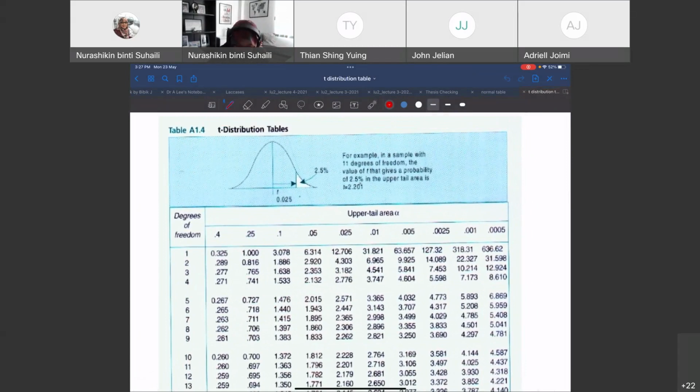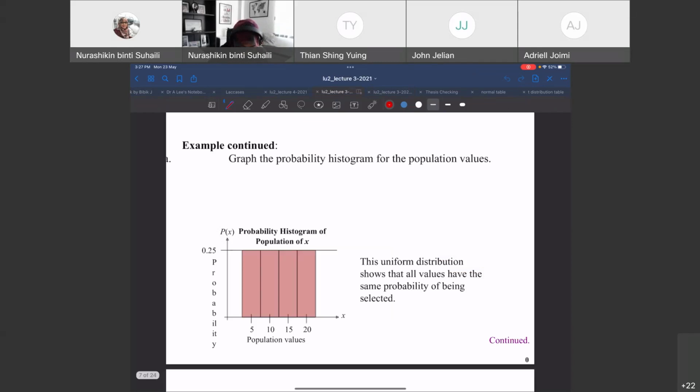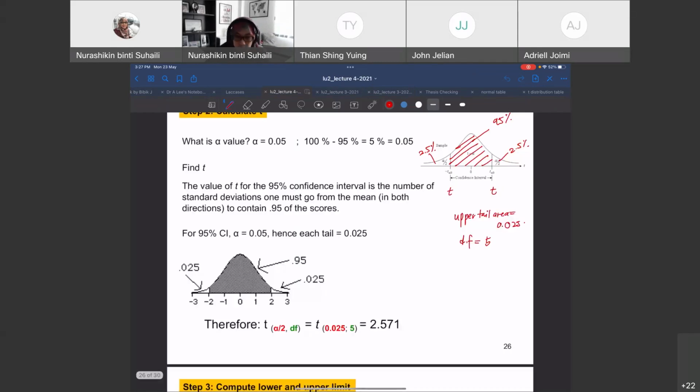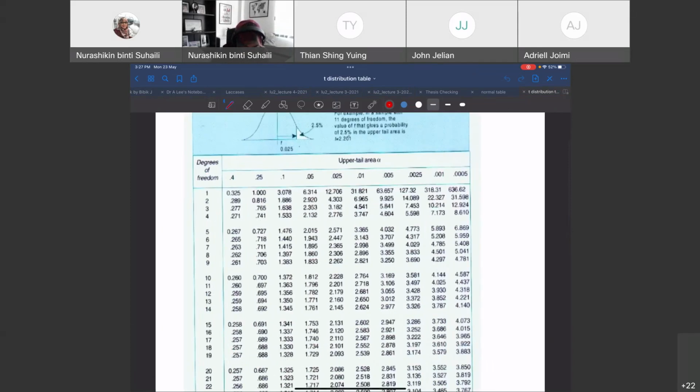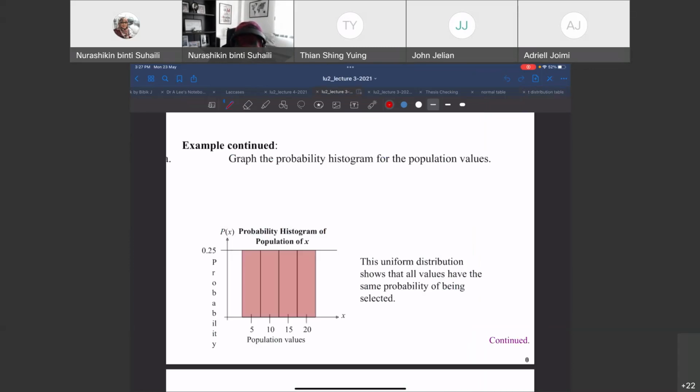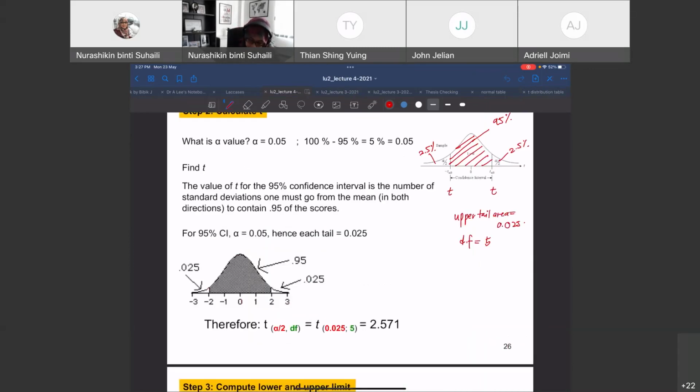So our values just now, we have 0.025 upper tail area, degree of freedom 5. If we refer to this table, 0.025 is the column, and then 5. So this is the value that we are looking for. This is the T. Going back to our problem, the T is 2.571. So keep the value.